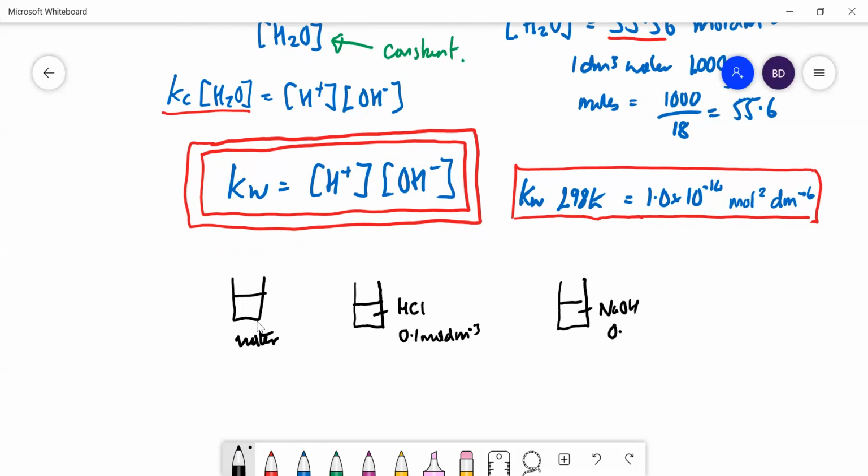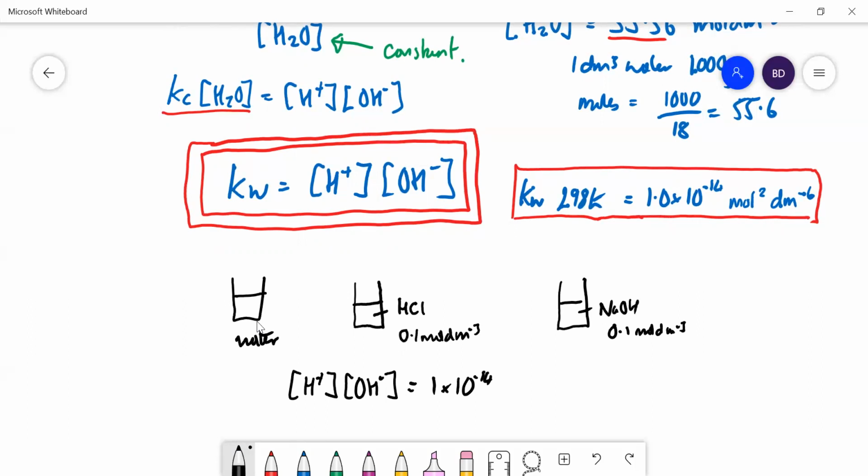Let's say that's 0.1 mole per decimeter cubed. In any of those solutions, we know if you multiply the concentration of the H plus ions by the concentration of the OH minus ions, it's equal to 1 times 10 to the minus 14.